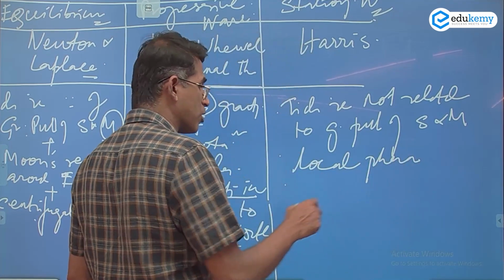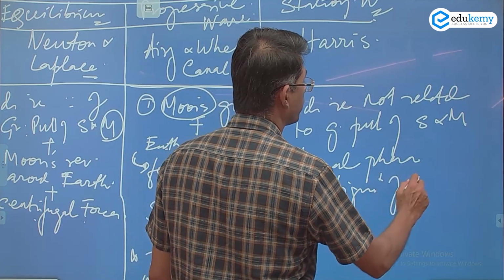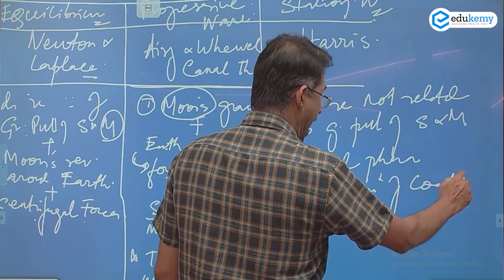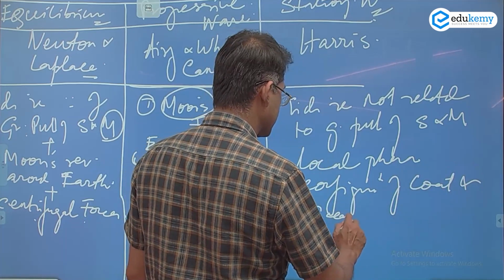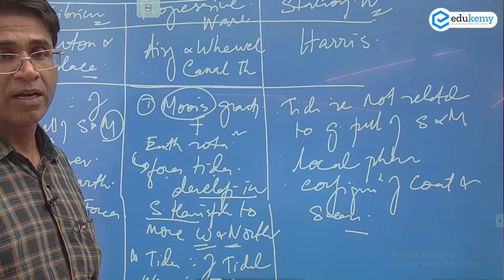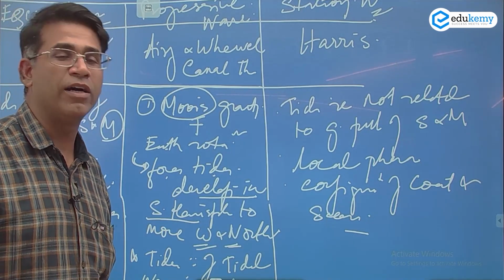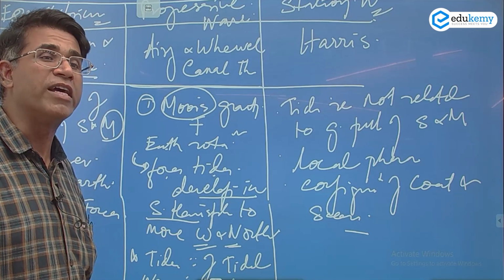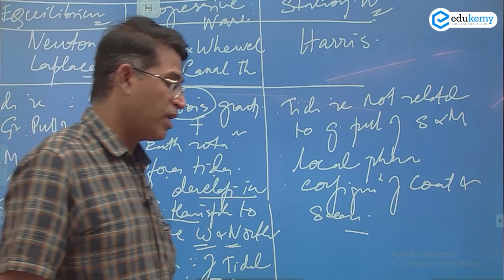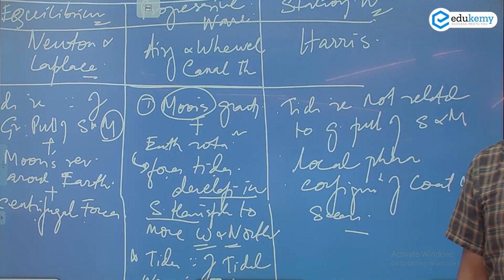Tides are because of the configuration of the coasts and the seas. Tides are because of the local conditions: the shape of the coastline, the depth of the water in that sea. That is more important.